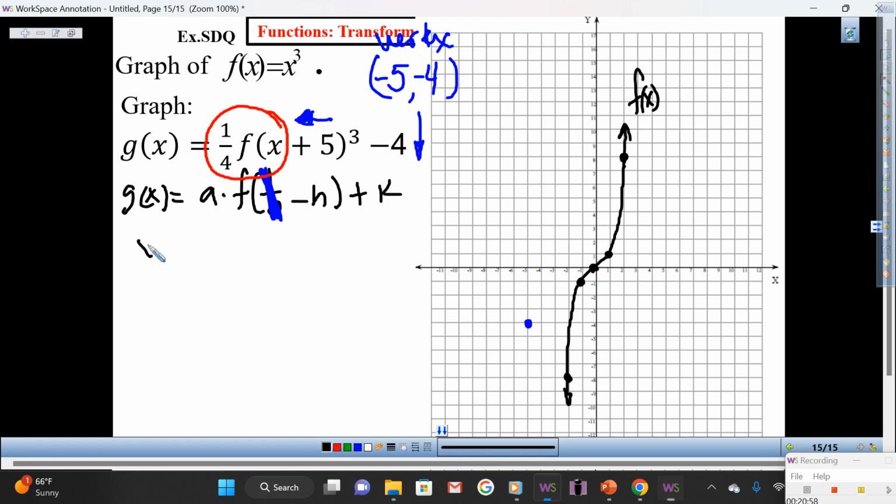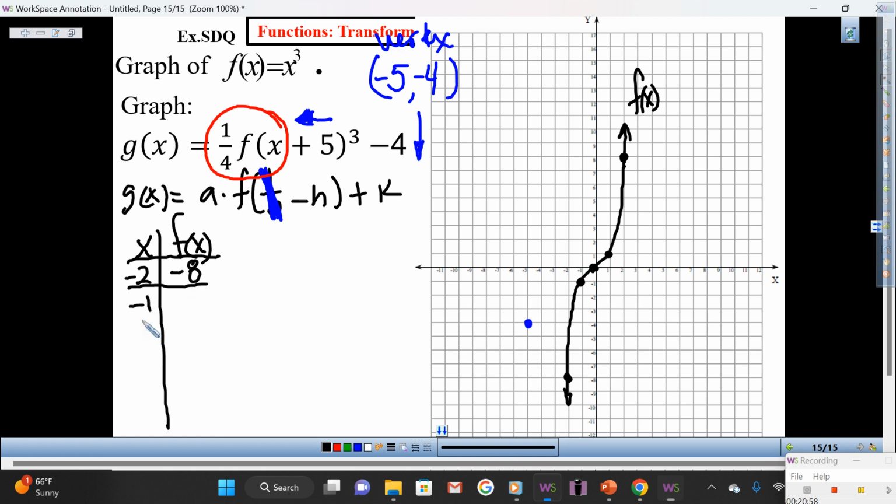We got x, f of x. All right, give me the values, please. -2, -8.